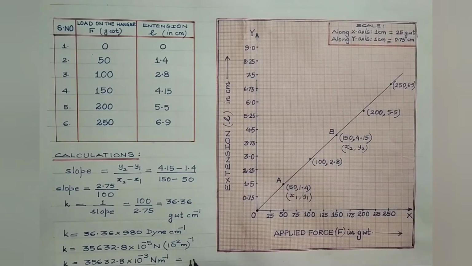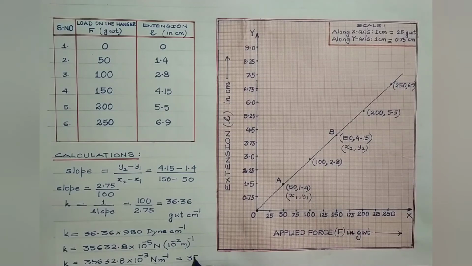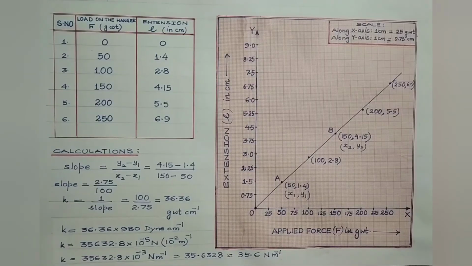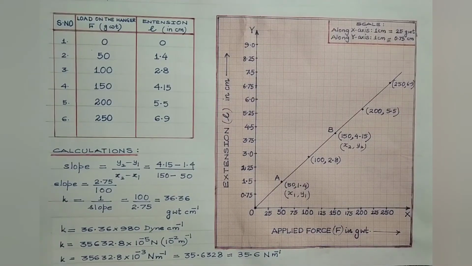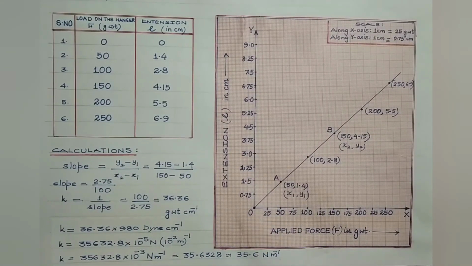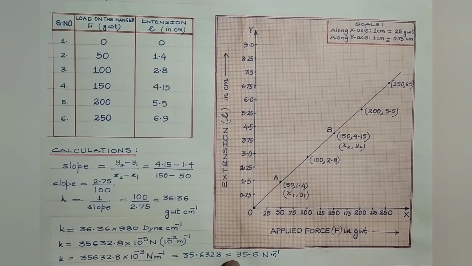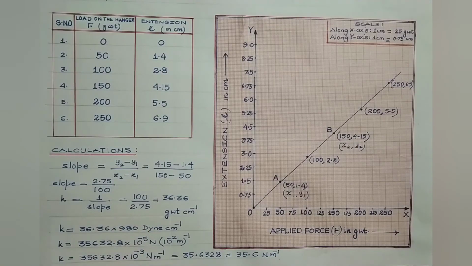So we get 35.6328, approximately 35.6 Newton per meter. So students, this is the value of the spring constant which we have obtained graphically, right? This result is in close agreement with the value of K obtained mathematically.